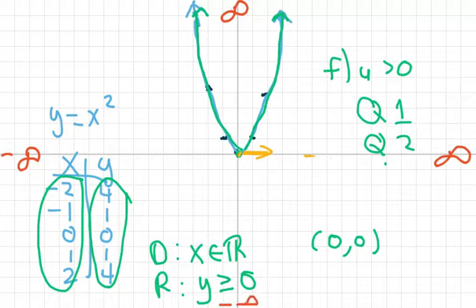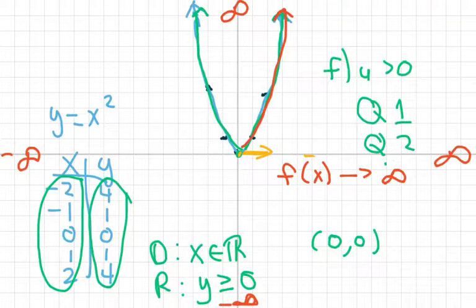So f of x goes to infinity; my y goes off to infinity as x goes to infinity.